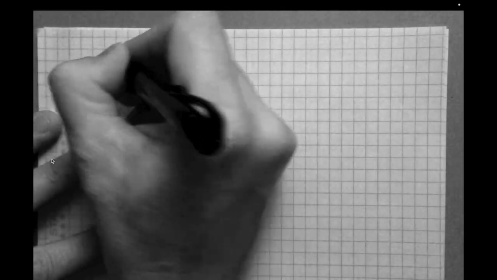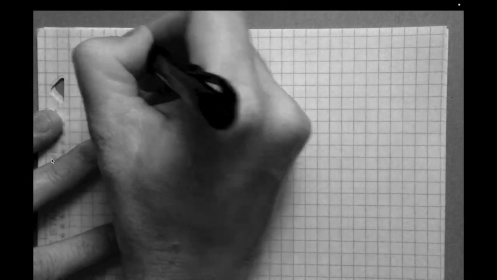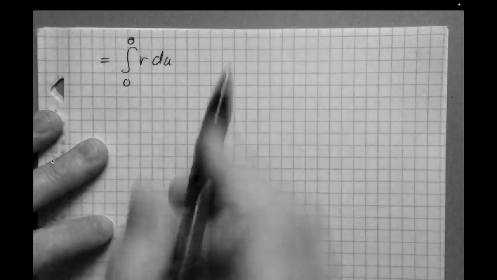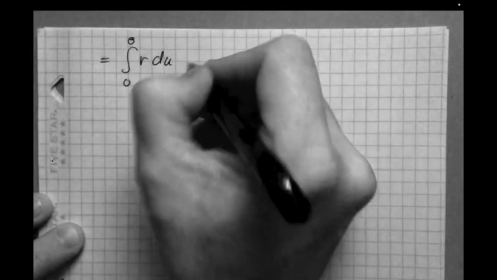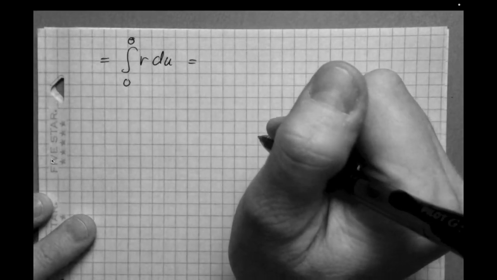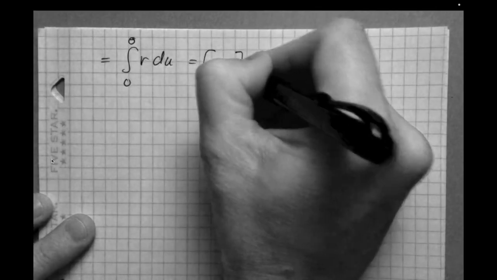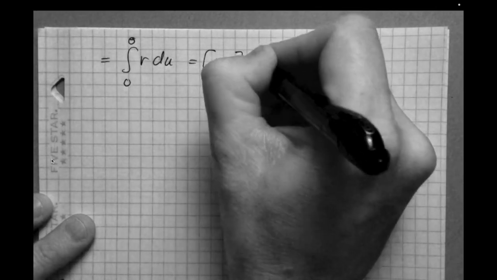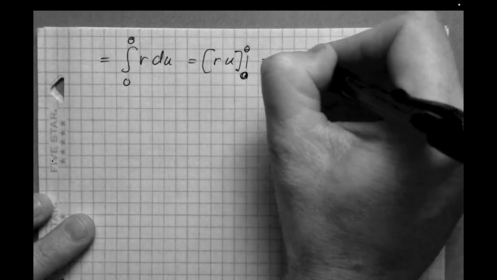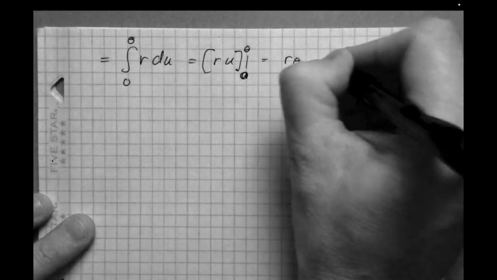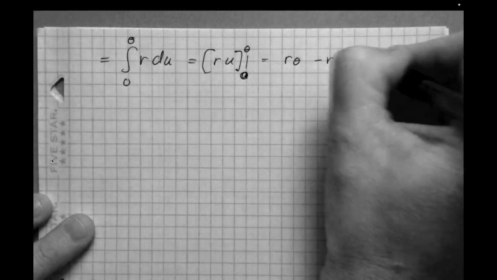So what we have here is the integral from 0 up to theta of r du. Of course, this is r times u, where u goes from 0 up to theta. So you get r times theta minus r times 0, so just r theta.